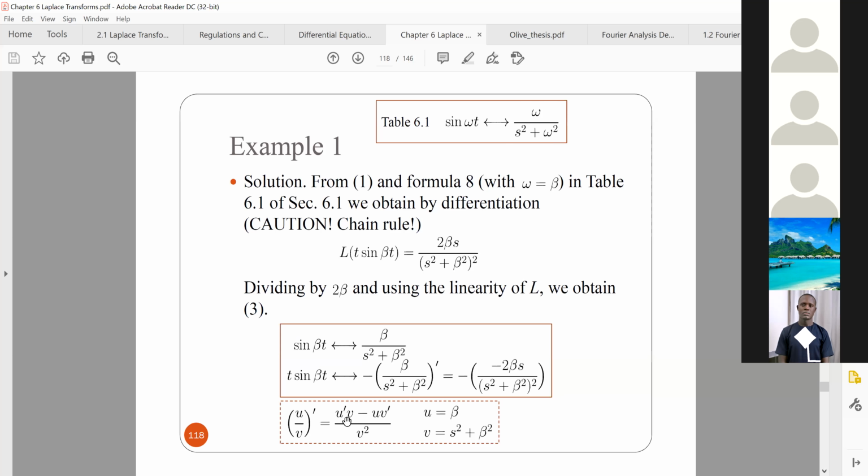So if you differentiate this function, you will end up with this.